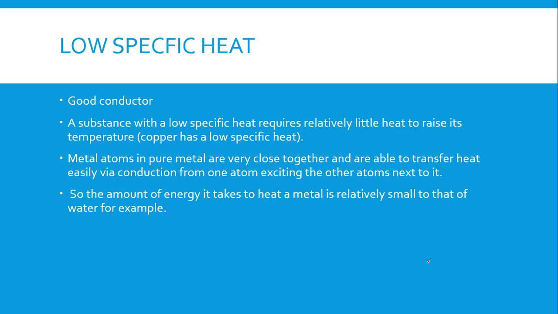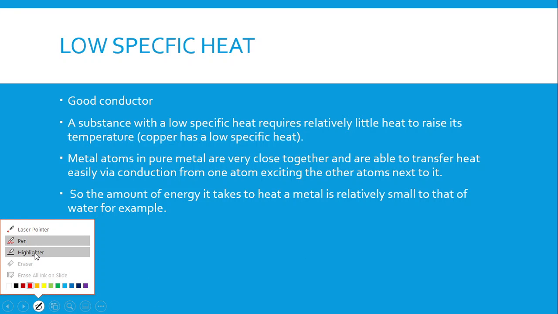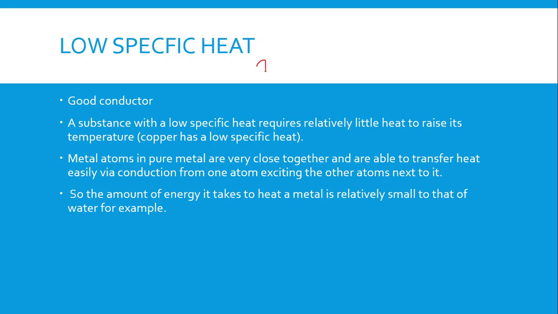Most conductors have low specific heat. It's not a given, but in most cases, objects with low specific heat are good conductors. That basically brings all the metals into this category. All the metals do have low specific heat capacity, relatively speaking.